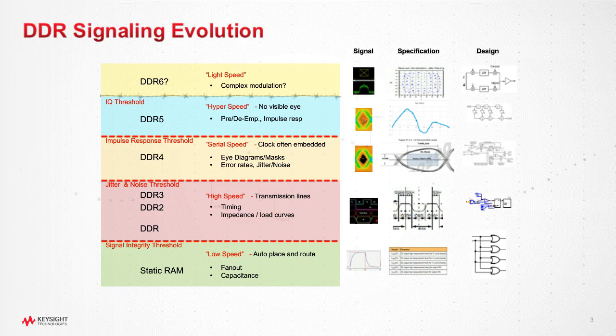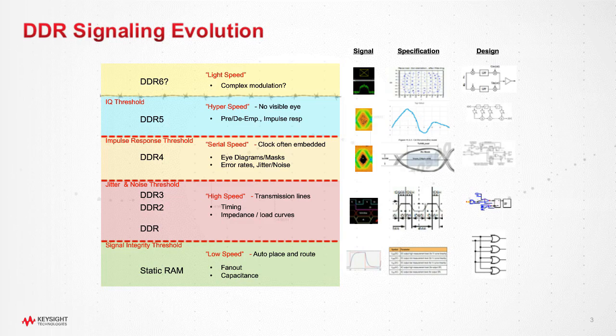So this means that instead of worrying about simple numbers like fan-out and capacitance, now you have to be thinking about timing, managing impedance discontinuities on the interconnect, IV curves for the drivers and receivers, which translate into termination impedances. And this is the comfortable world that we've been in for quite a long time with DDR1, 2, and 3.